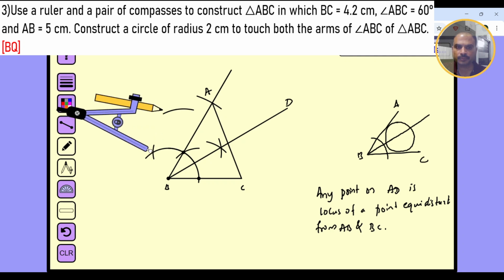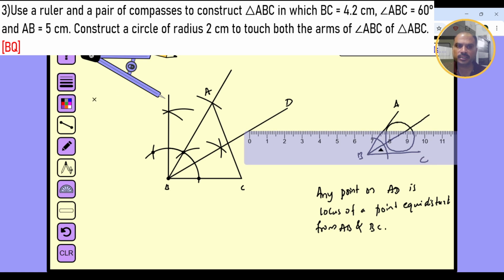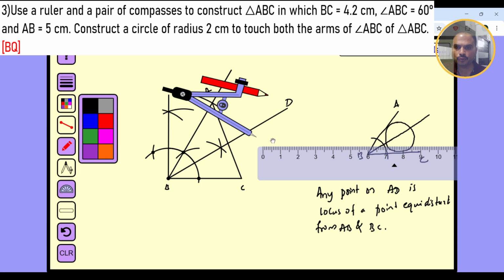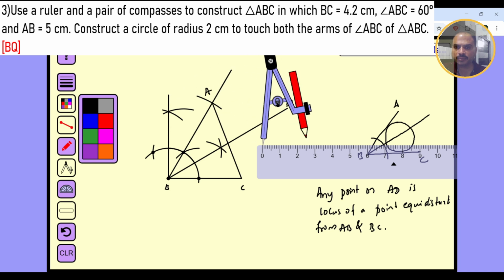Then I'll keep the sharp edge of the compass over here. Then bisect this. This is the 90-degree line. Now it is at a distance of 2 centimeter. So 2 centimeter I need to locate a point because the radius of the circle is given to you as 2 centimeter. So now I'll take it as 2 centimeter.